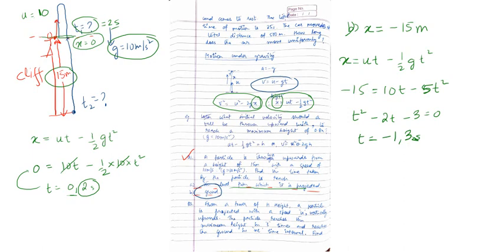So that means at t equal to 3 seconds, the particle would reach a position of -15 meters, that is at ground.